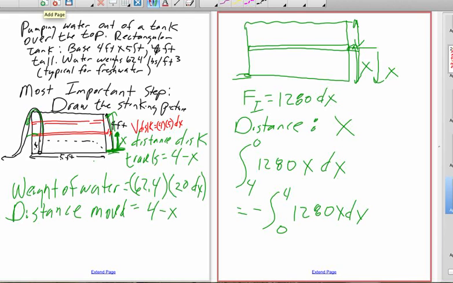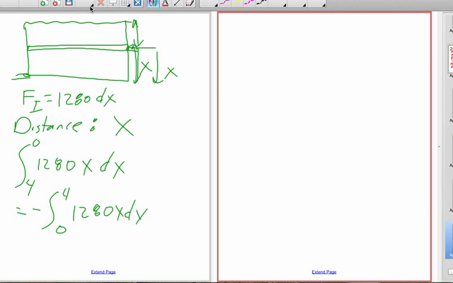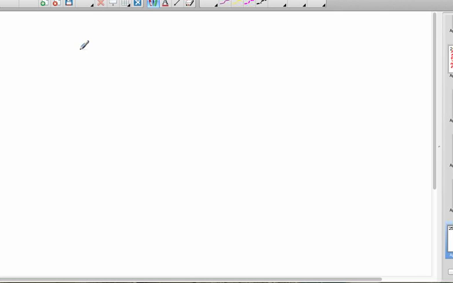Okay, so now let's deal with a completely different type of problem. On this one, I've got a conical tank. And these things are a little bit of a pain initially.